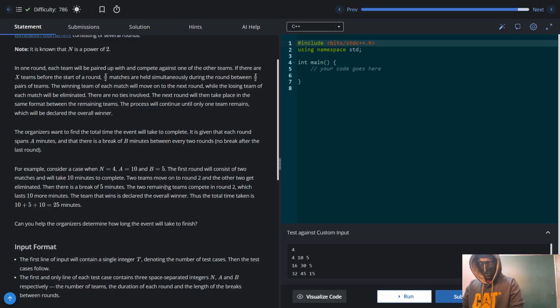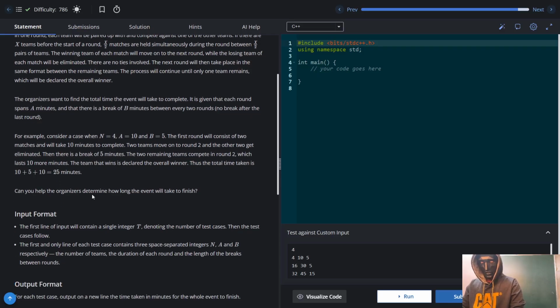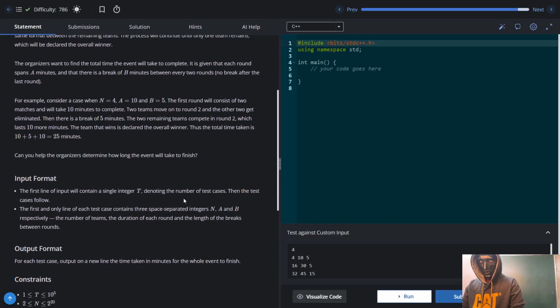The two remaining teams compete in round 2, which lasts 10 minutes more. The team that wins is declared the overall winner. Thus the total time taken is the time for round 1, then break, then time for the second round, and if you add, that is going to be 25.